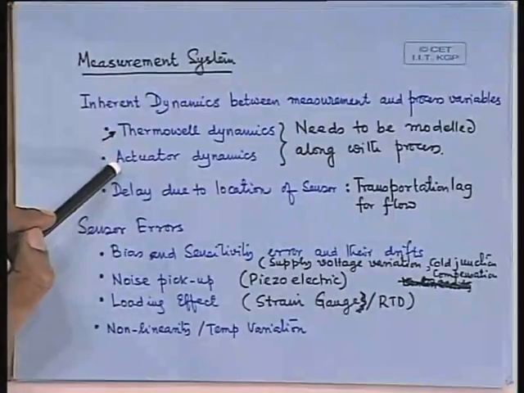So obviously the thermowell time constant is going to come into your model. You must think of that, and you must eliminate that, if you really want to know how fast the temperature inside the furnace rises if I suddenly jack up my steam flow rate. Similarly, you will have actuator dynamics.